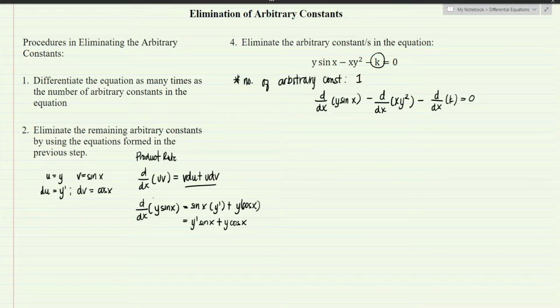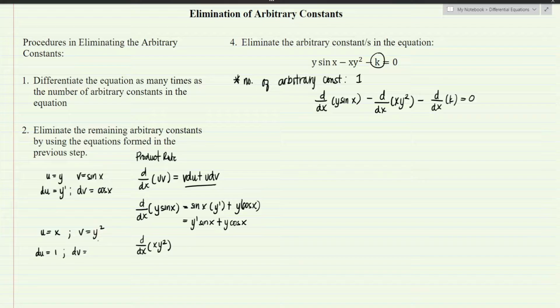Next, for the second term, we will also use here the product rule. So I will have here the derivative of xy squared. And for this term, I will assign u as my x and v as my y squared. Let's now get their derivative. Derivative of x is 1.